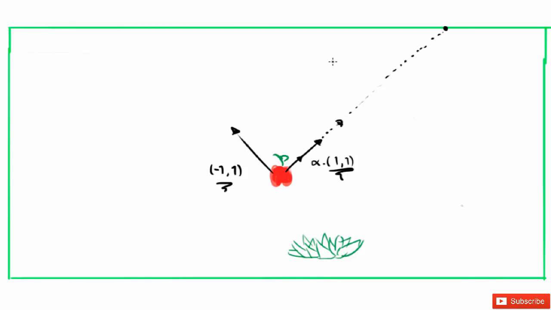And the normal is something that is orthogonal to whatever you collide with. In this case, this edge has a direction vector that points this way, and something that's orthogonal to this one will be something that points down, or maybe up, but in this case it's going to be down.